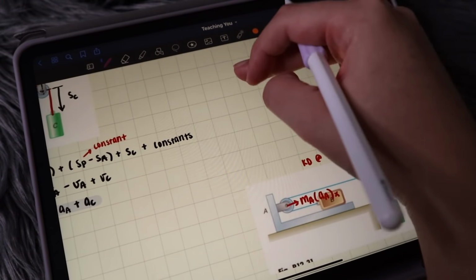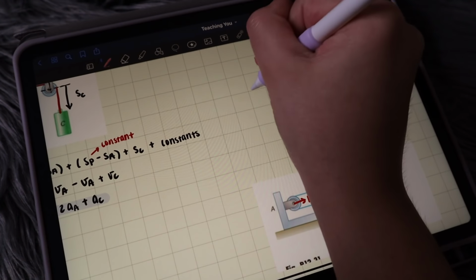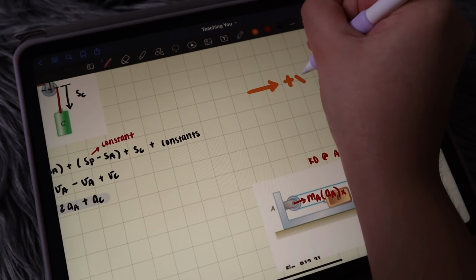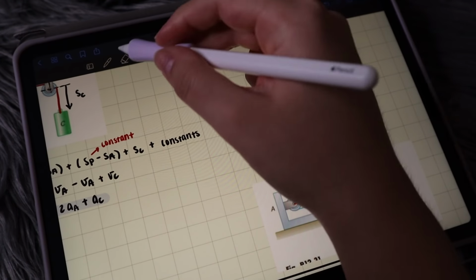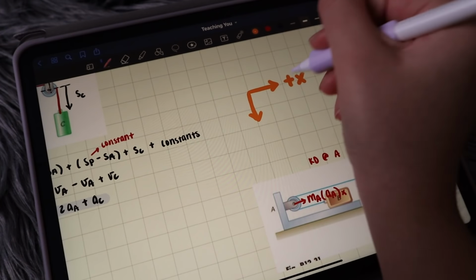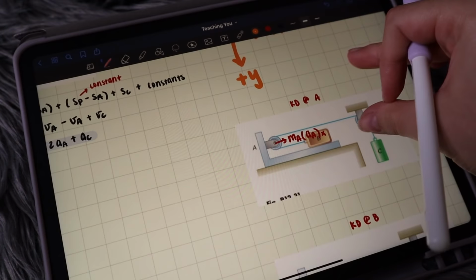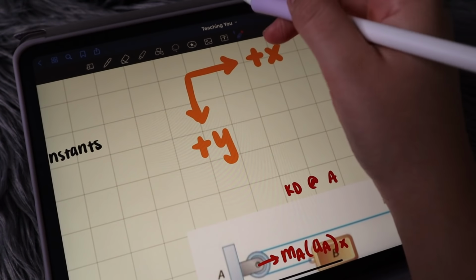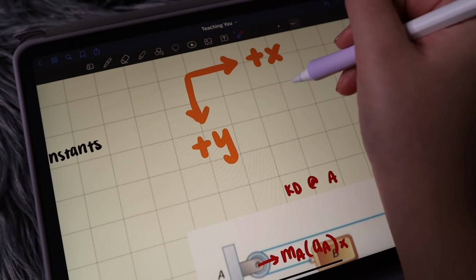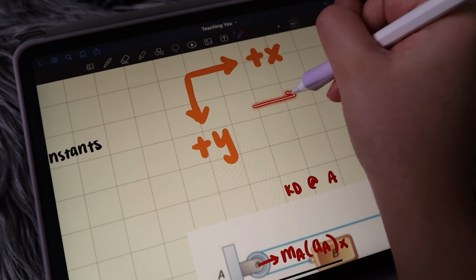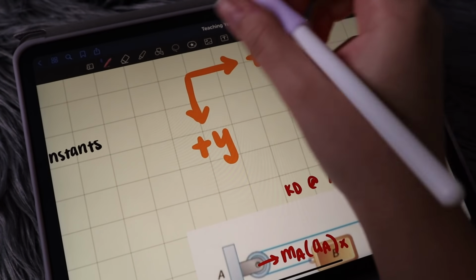Let's also write our coordinate system: to the right is positive, and since block C is going down, positive y is going down. You always want to have the positive value going to where the motion is. So if everything is moving to the right and down, you want to make your positive values right and down.